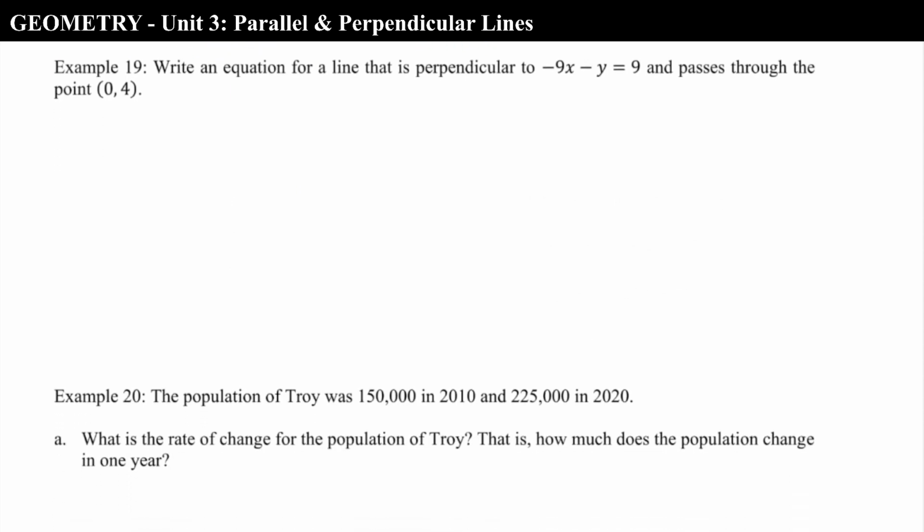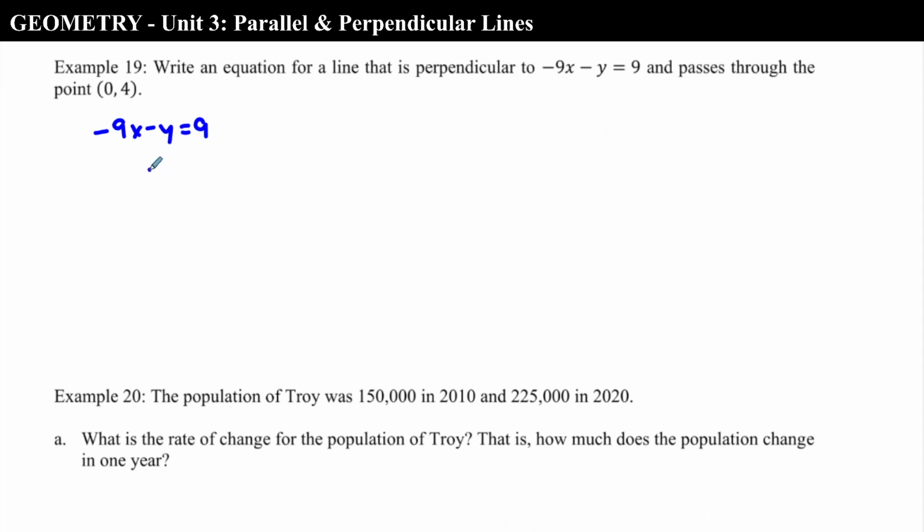For example 19, we're to write an equation for a line that is perpendicular to negative 9x minus y equals 9 and passes through the point (0, 4). Well, first of all, let's rearrange this equation and get it into slope-intercept form.